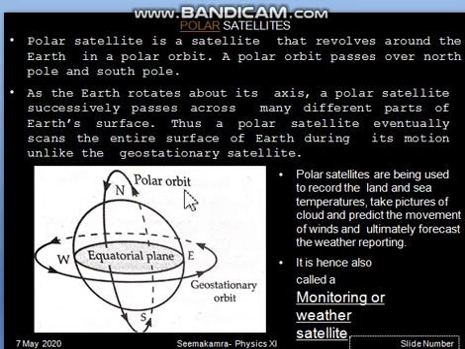Now what is polar orbit? Polar orbit is the vertical plane passing through the north and south pole, or you can say the plane which is perpendicular to the equatorial horizontal plane is the polar orbit. So the first difference lies in the orbit in which these satellites revolve around the Earth.